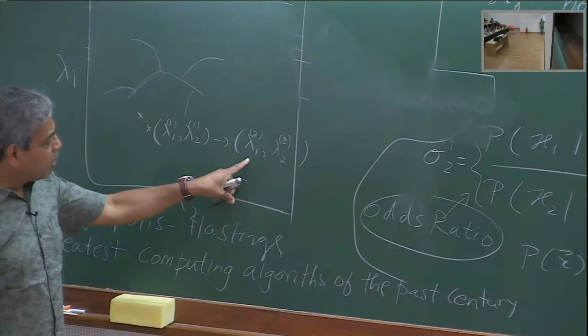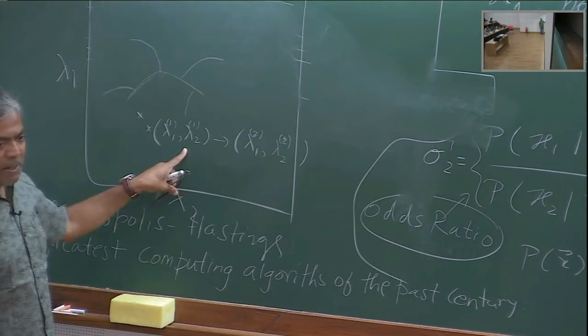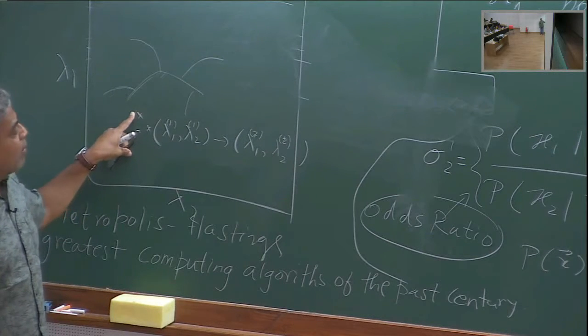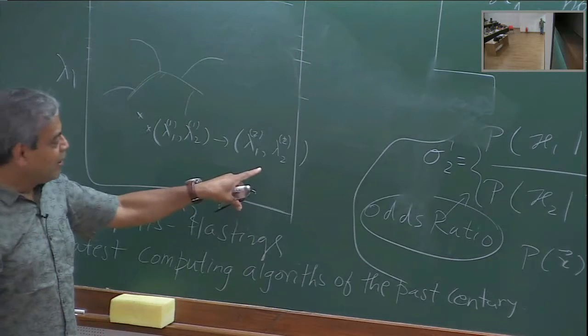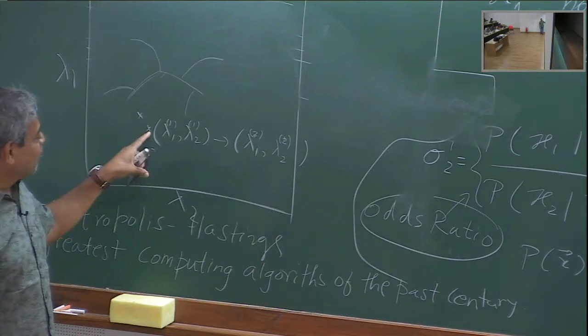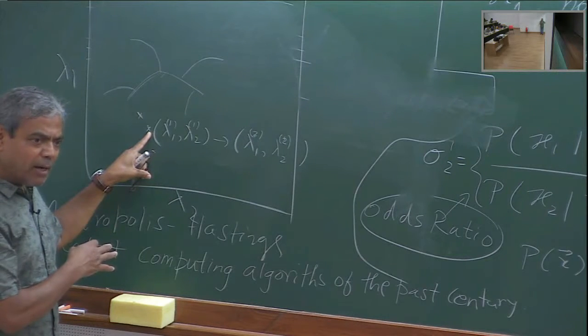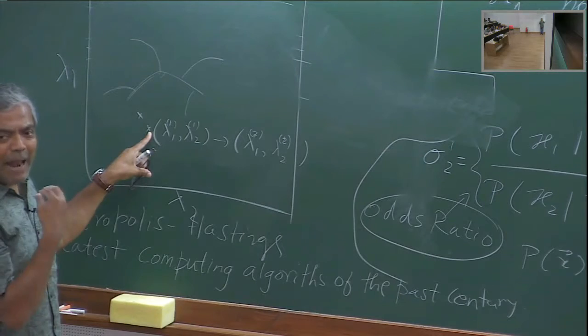If the likelihood computed at the new point is larger than the previous point, you certainly make a jump. But if the likelihood that you computed at the new point is less than the previous point, whether you make a jump or not is defined by a random rule.